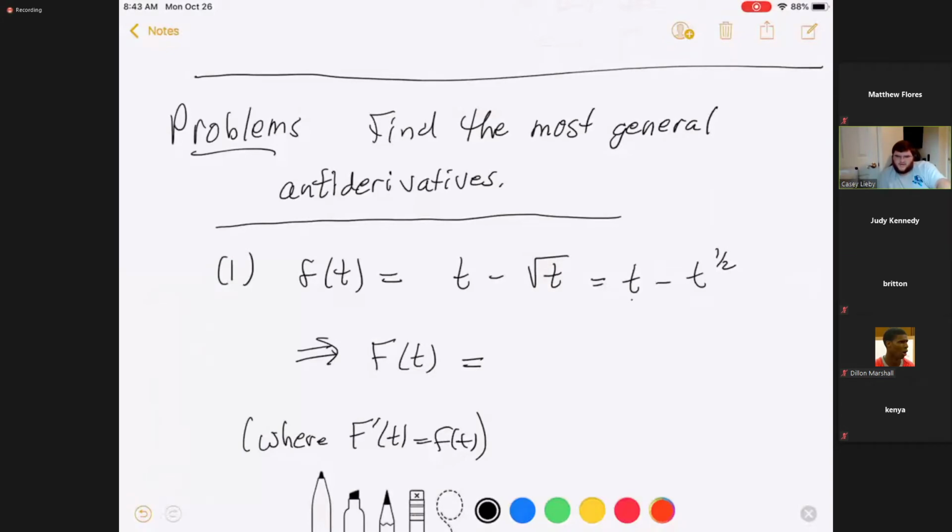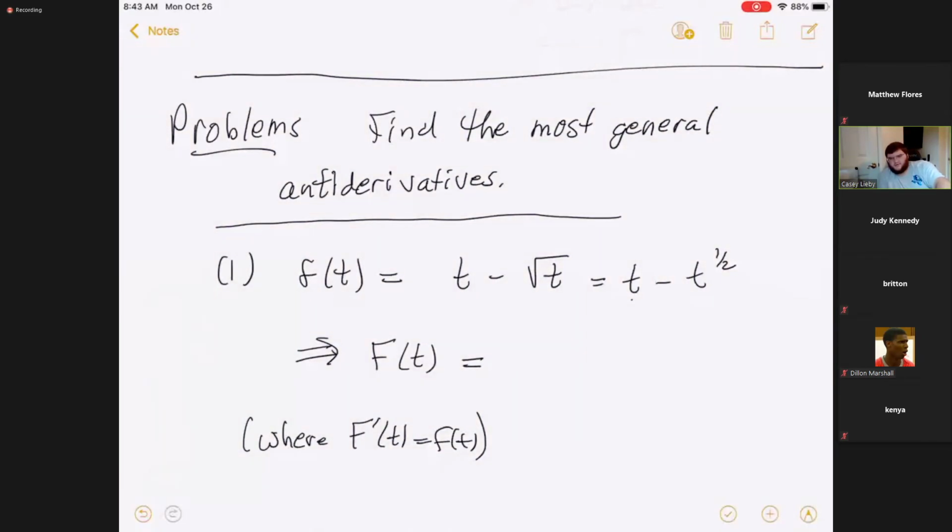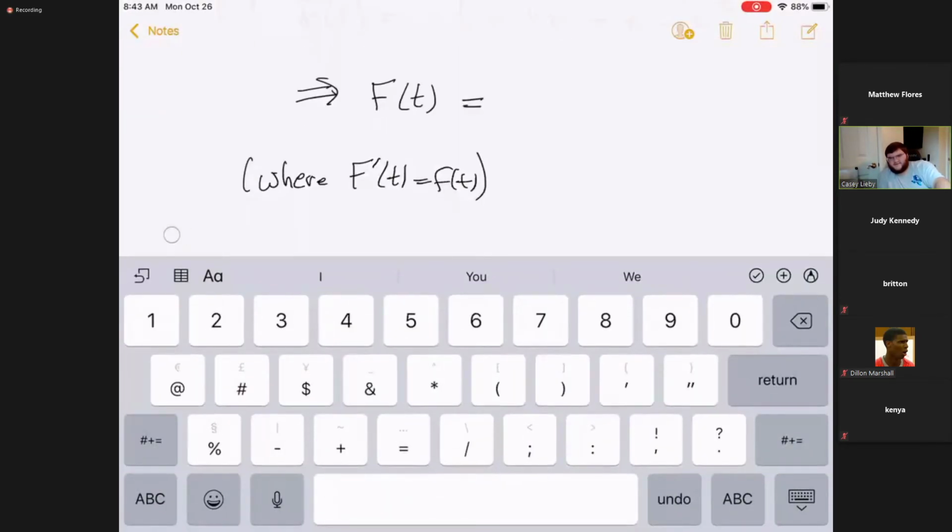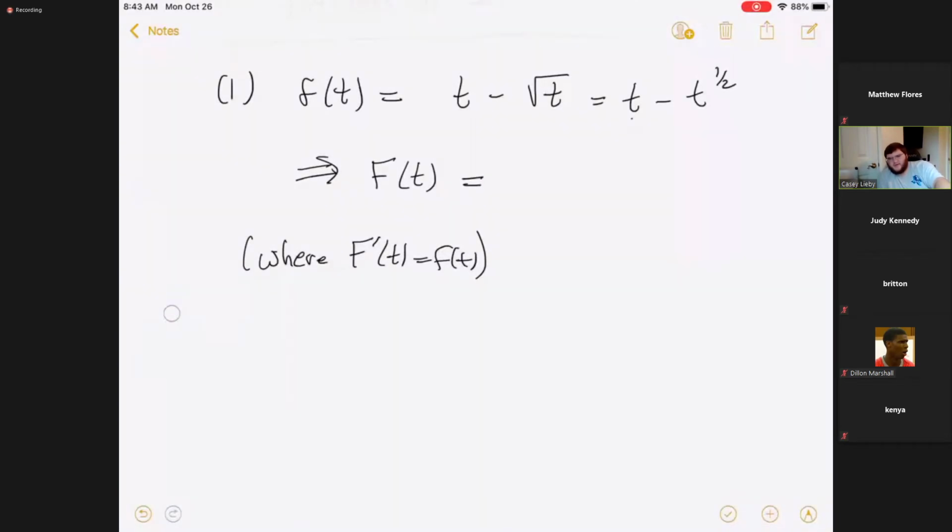Well, the first t would be 1/2 times t squared. Yes. T squared over 2.